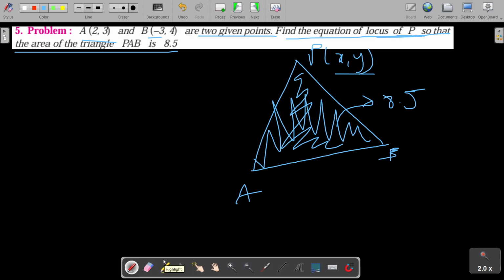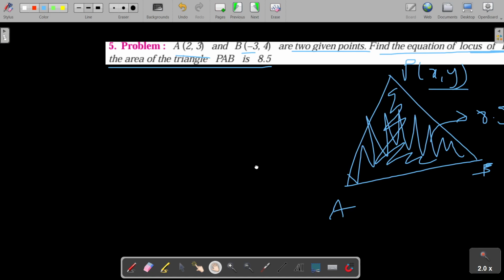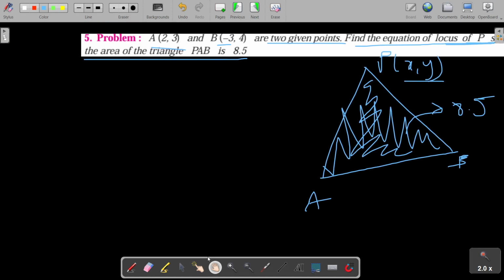This area is 8.5, and I need to find the locus of this point P that satisfies the given conditions.